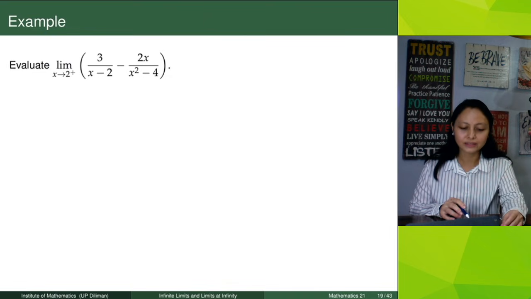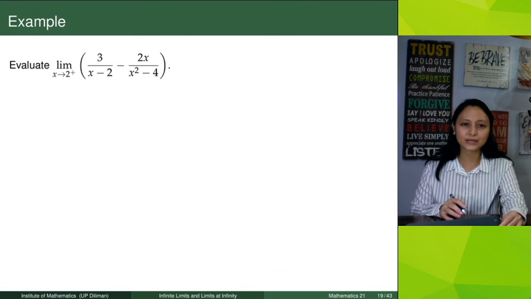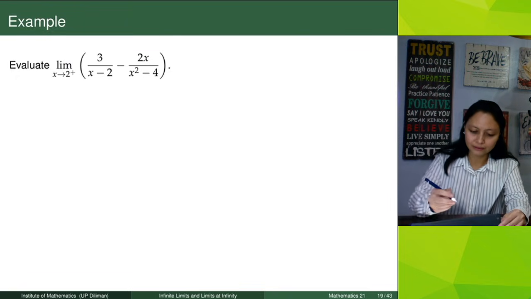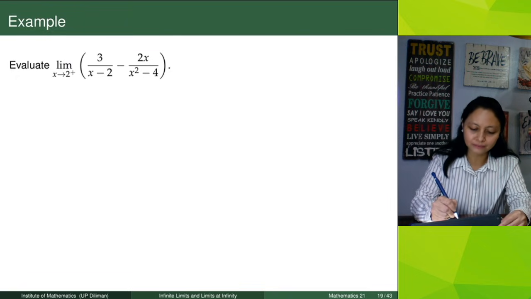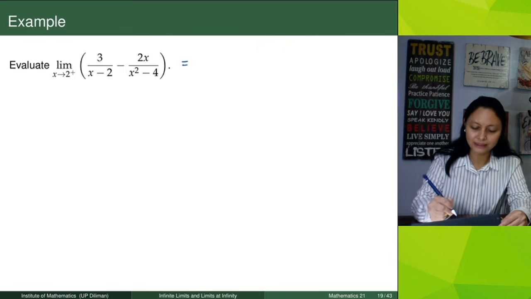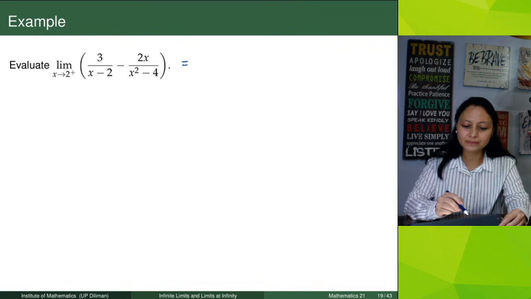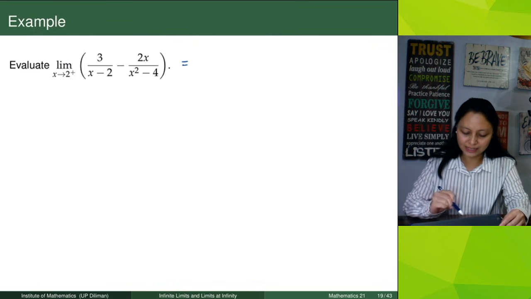For example, you want to get the limit of 3 over x minus 2 minus 2x all over x squared minus 4 as x approaches 2 from the right. Okay, initially, I'll not show the details, yung pagkuha ng limit sa bawat term. Okay lang, idiretso ko na as one expression here.